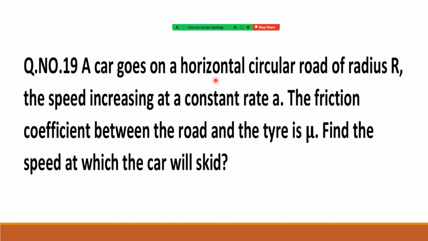The given road is horizontal and circular, radius is capital R, speed increasing at a constant rate a. So a is nothing but the tangential acceleration, right? The friction coefficient between the road and the tire is mu. Find the speed at which the car will skid. So this is almost the same as the previous question. Let us see once how to calculate the speed at which the car will skid.